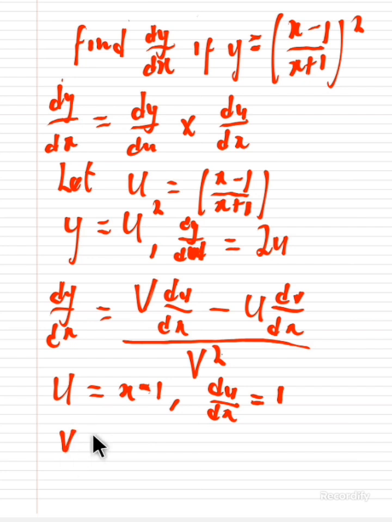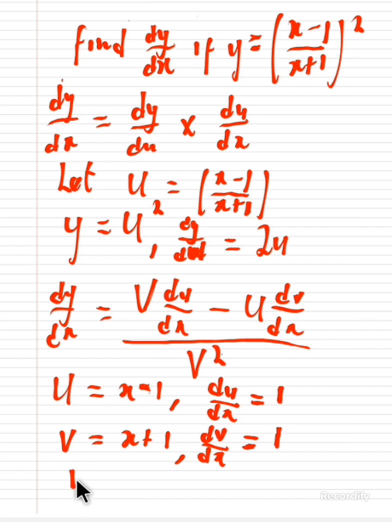Now my v is equals to x plus 1. And if we differentiate v with respect to x now, that is differentiate this x with respect to x, I'm going to obtain 1. And you differentiate positive 1, which is a constant with respect to x, I'm going to have 0. So the du/dx and the dv/dx is 1, 1.